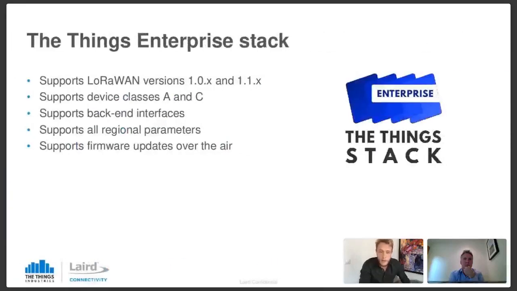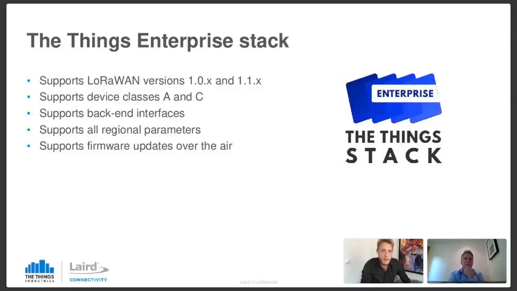So our enterprise stack, this is our new product, V3. We support the published LoRaWAN versions. So there's a 1.0 range of versions and a 1.1. The LoRaWAN device classes A and C. Most of the devices are Class A devices. They behave as Class A devices.